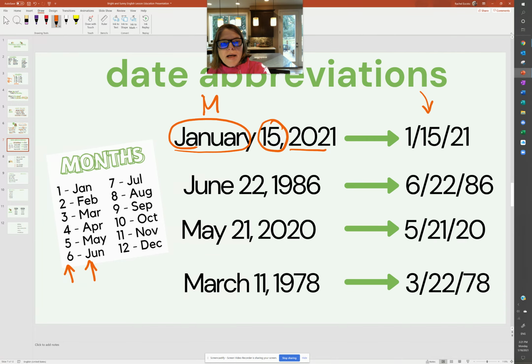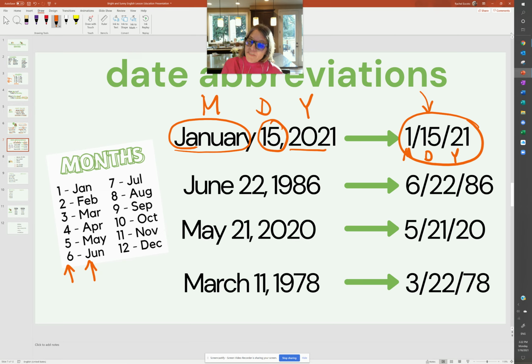Remember, it's month, day, year. So the month is 1, the day is 15, and the year is 2021. So we would look at this, and we read it. We can see that it's an abbreviation, but we say the long date. We would say January 15th, 2021.